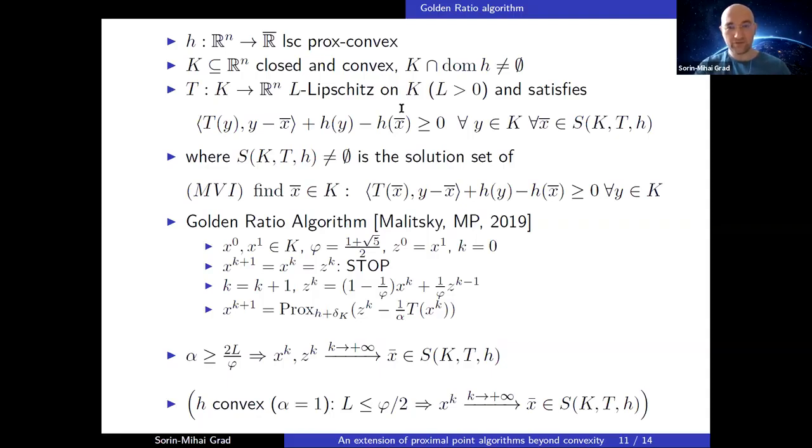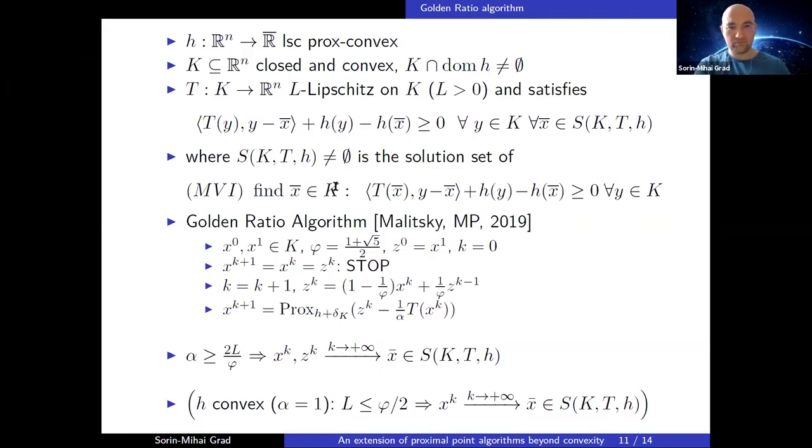Also there we don't have a point which is minimal for every function. Usually then you have to find some sort of a compromise, like the Pareto efficient solutions. In this case, a similar thing happens, but we can still get a solution to this mixed variational inequality if it exists, but this existence is a hypothesis in all, even in the convex case, for such algorithms.